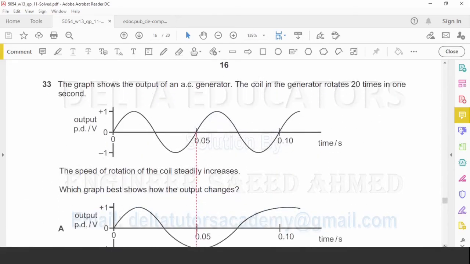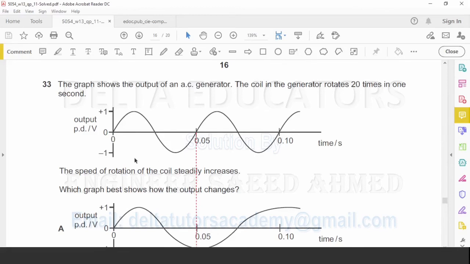Question number 33. The graph shows the output of an AC generator. The coil in the generator rotates 20 times in 1 second. The speed of the rotation of the coil steadily increases. Which graph best shows how the output changes? When we increase the speed, there will be two changes.